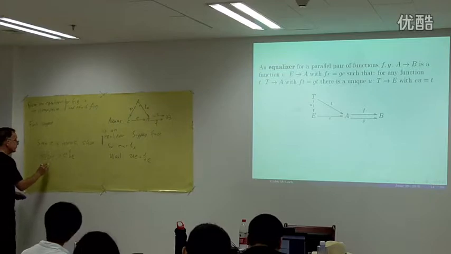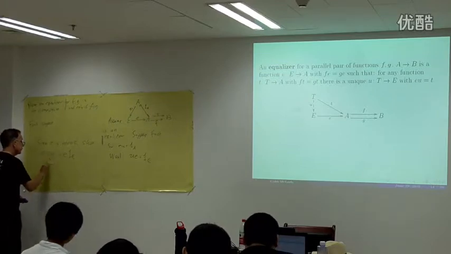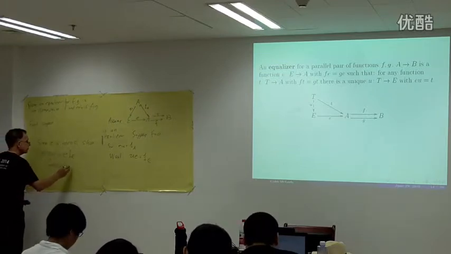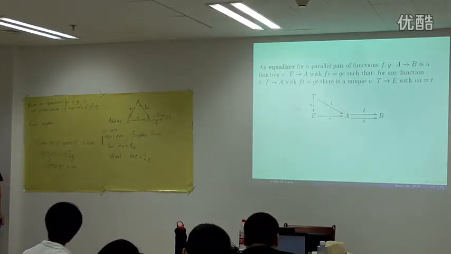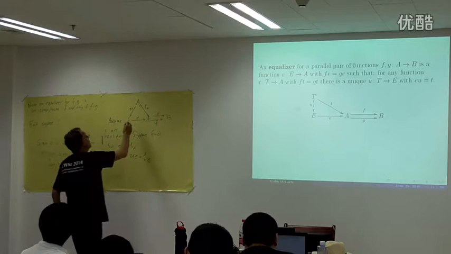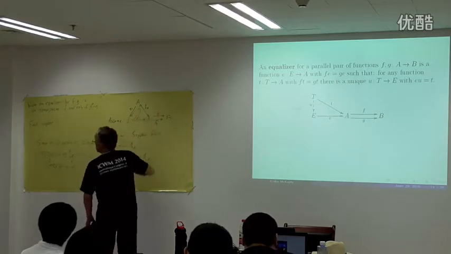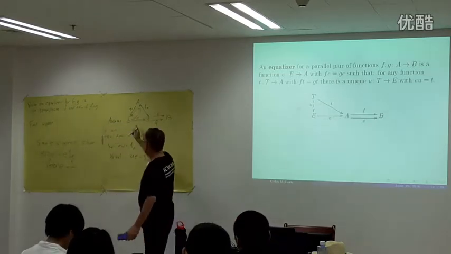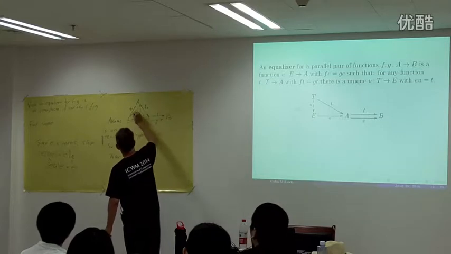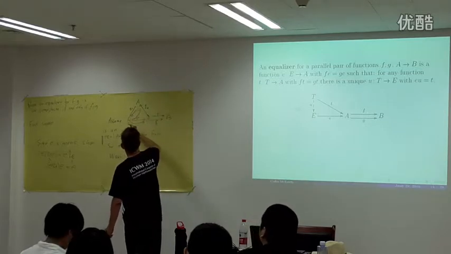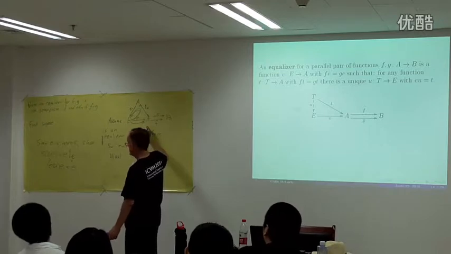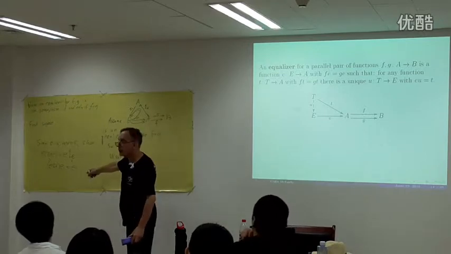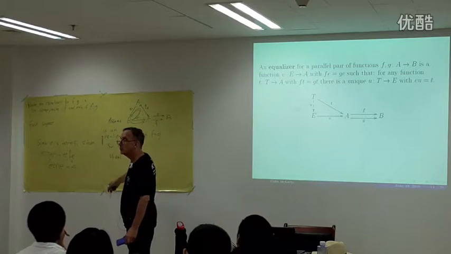But this we know is equal to EU followed by E, which we know is equal to E. I want to show that this composite is the identity on E. But this arrow is monic, so it's good enough to show that that composite is the same as the identity composed with that arrow. But those are both obviously equal to E, so they are equal.